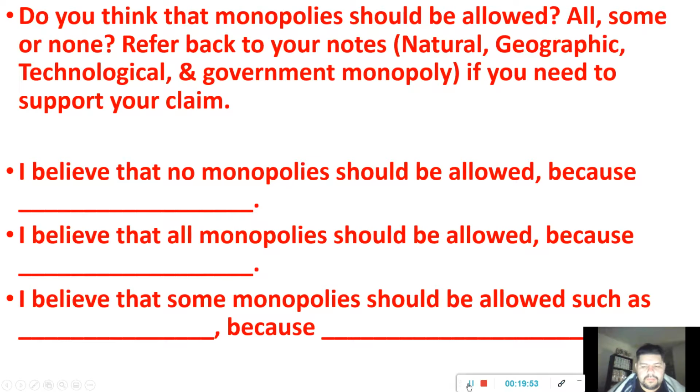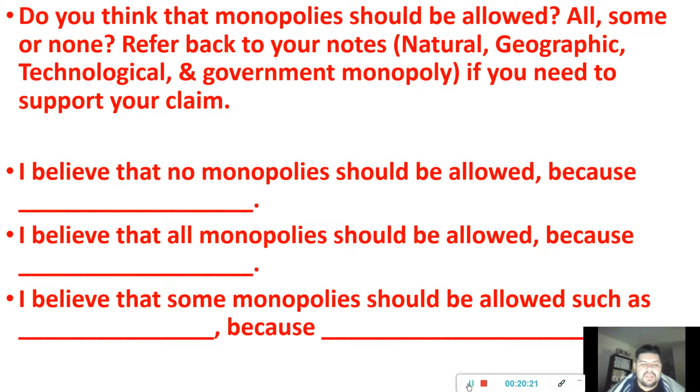All right. So now the final question. Do you think that monopolies should be allowed? Should all of them be allowed, some of them, or none of them? Now, if you pick some, I would suggest you refer back to your notes and look at the natural, geographic, technological, and government monopolies, and basically tell me which ones should be around and why.